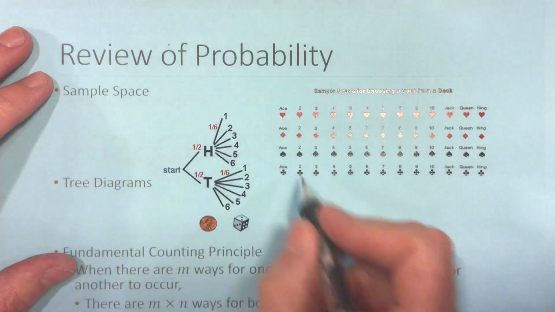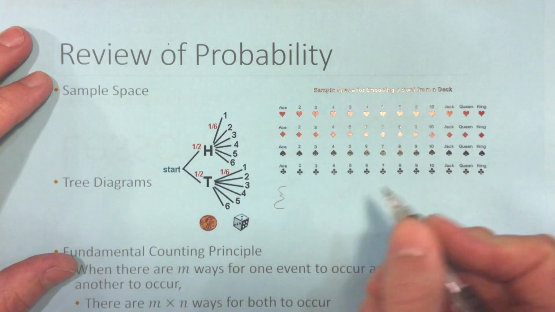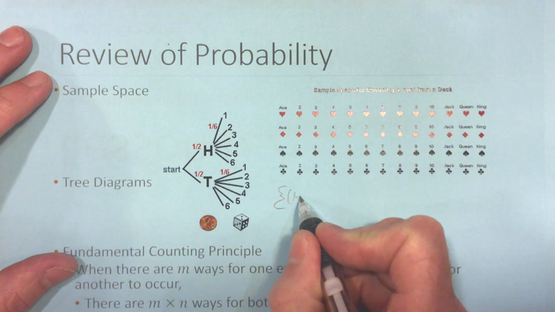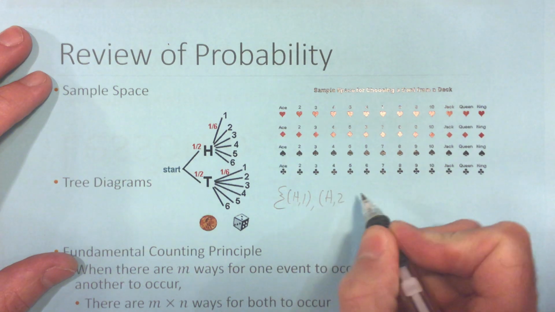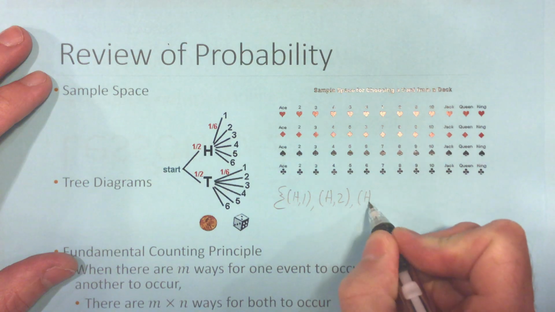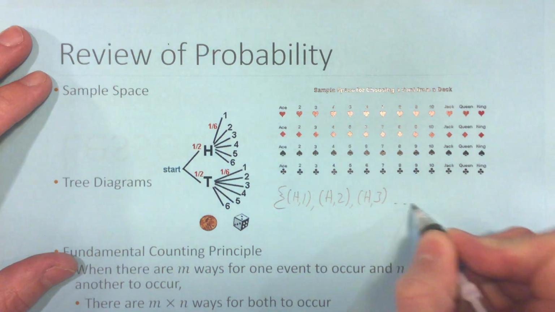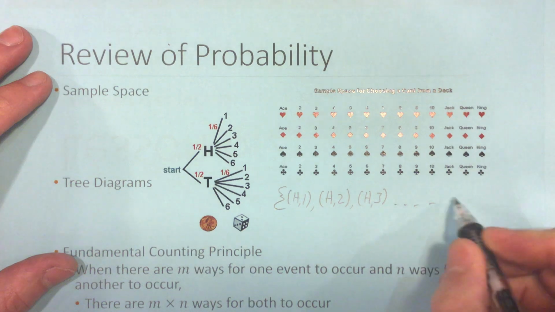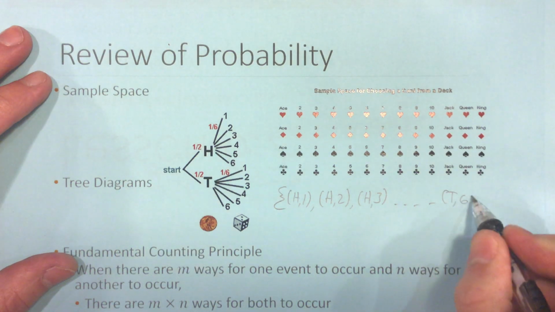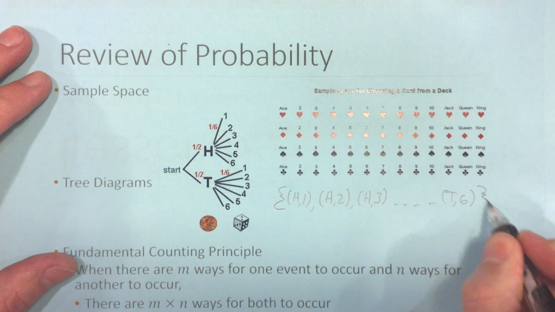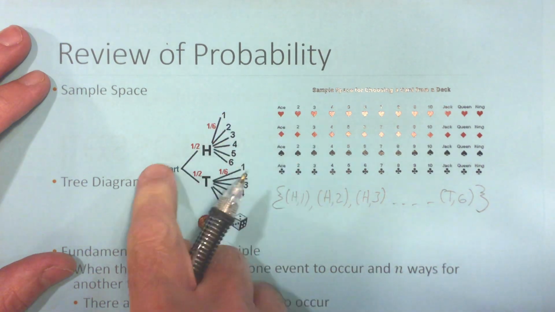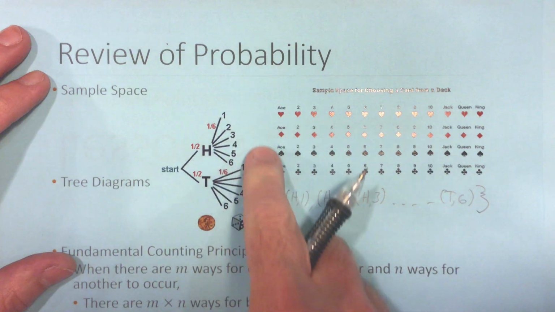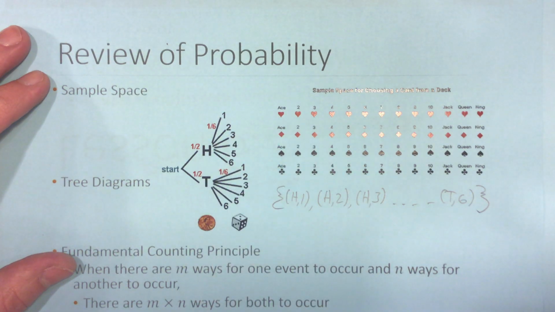Okay, I could give this same information as a sample space, right? Heads 1, heads 2, heads 3, and so on, right? All the way out till tails 6. And I would list out 12 things in this sample space. Here are the same 12, right? They're the 12 branches of my tree diagram.